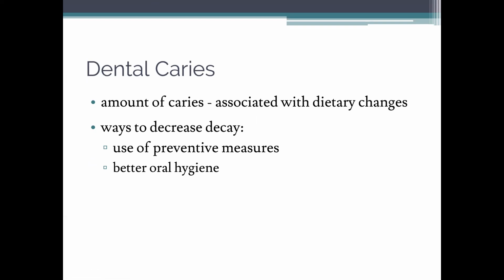So the amount of decay somebody gets varies with several different things, but we can definitely see dietary changes increasing or decreasing the amount of caries somebody has. Let's say you eat very healthy and all of a sudden you decide, I'm going to try this sweet tea and soda diet, and I want to see why people like to drink those things. Well, see what it does to your teeth.